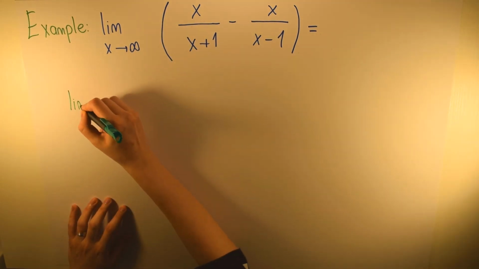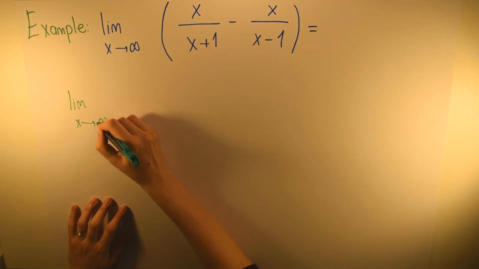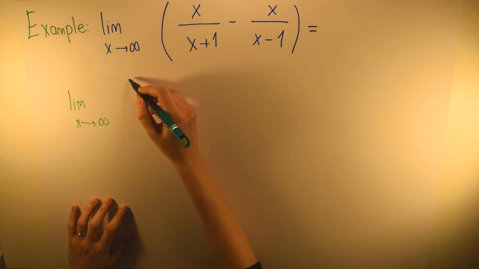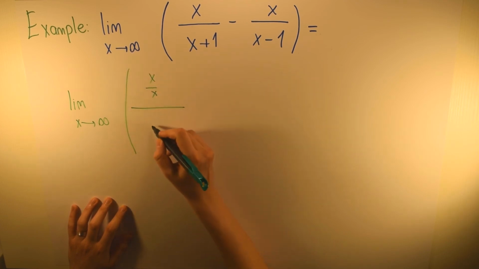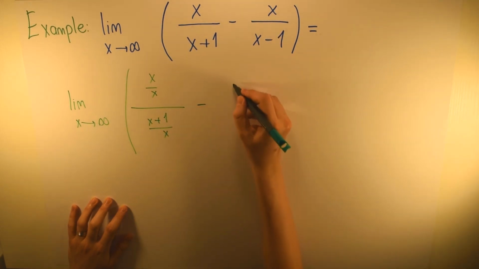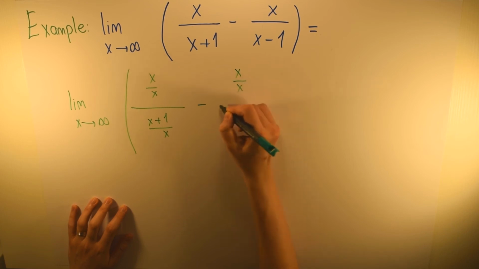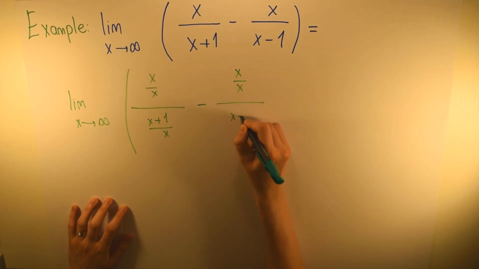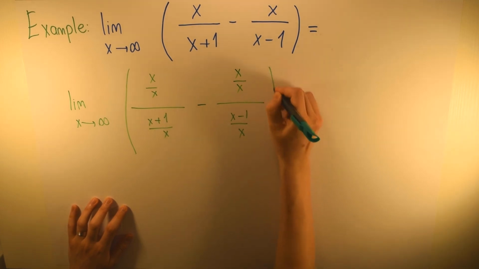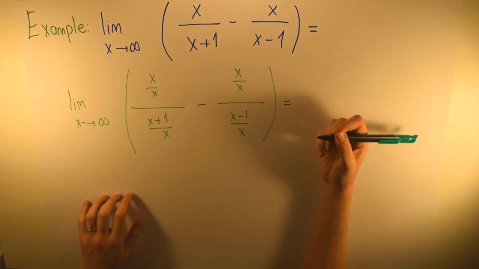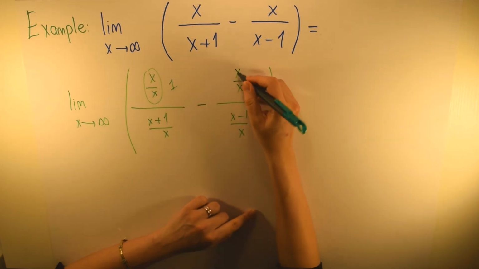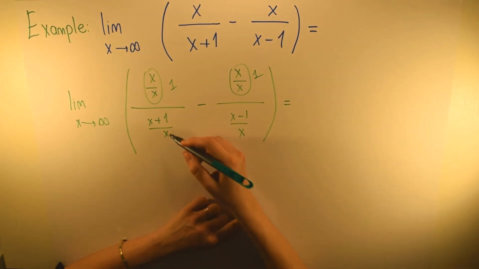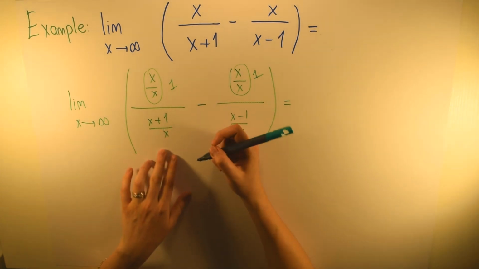So the limit as x approaches infinity; this numerator, I will write as x over x, over x plus 1 over x, minus, this one is also the same, x over x over x minus 1 over x. So from here, as you can see, this part is equal to 1, this also is equal to 1, and here we can write this separately. Let's do that.